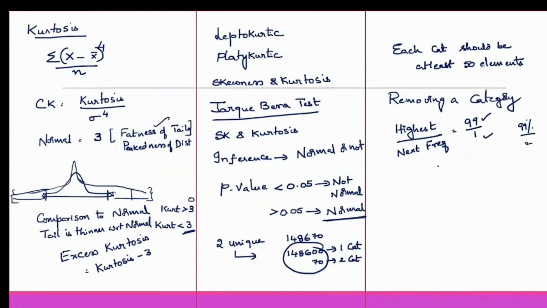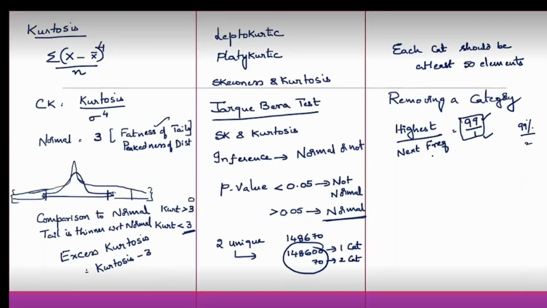So if at all I am seeing that this ratio is, let's say, more than that, then we may directly say that those kind of columns can very well be removed, because that category could be an influencing category altogether.